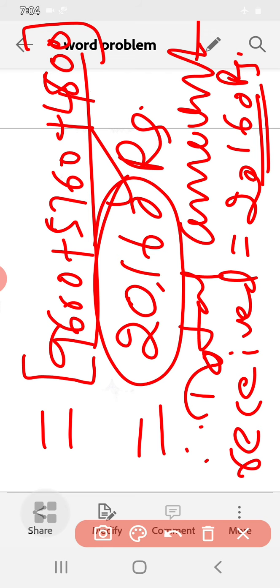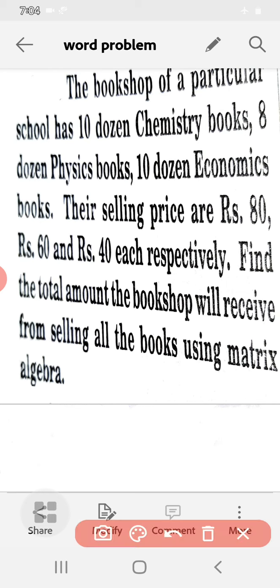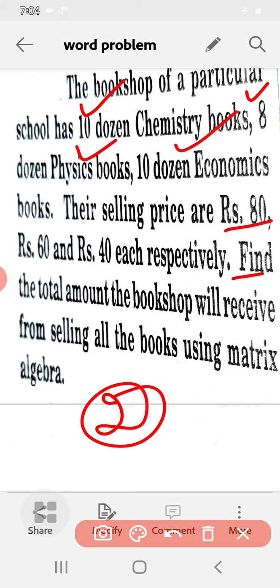In this way we can use the multiplication concept here. That's what we were told in this problem: 10 dozen chemistry books, 8 dozen physics books, 10 dozen economics books, then the selling prices. So we have written two matrices which are eligible for multiplication and solved this problem. I hope you can understand this properly. Write down the problem and solution clearly.